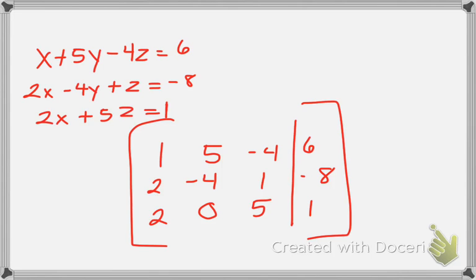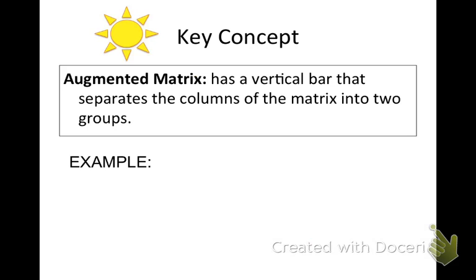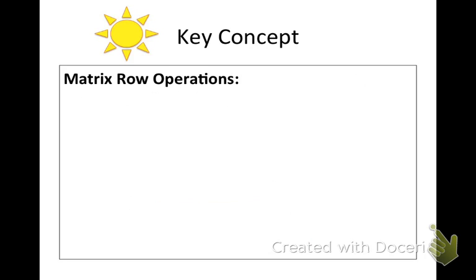Okay? All right, so now please write the following steps for matrix row operations. So these are the rules. When you're asked to do row operations to solve, you can only do specific things to your matrix itself.